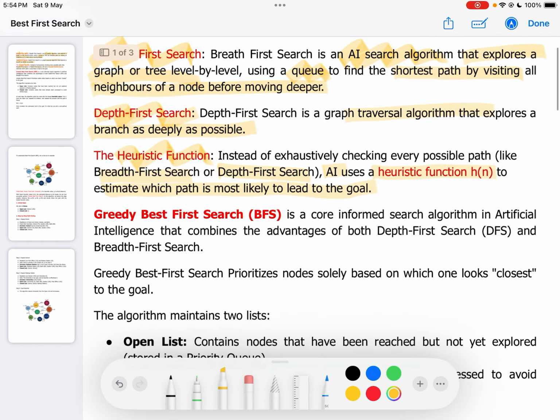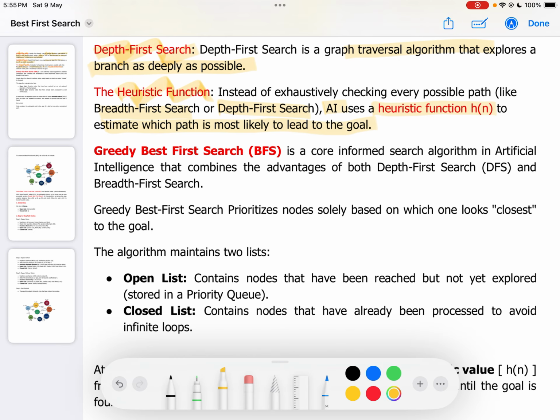Now let's get to greedy best first search. See, what the greedy algorithm does is an informed search that combines both DFS and breadth first.